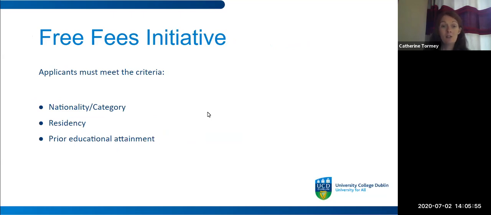So the Free Fees Initiative is based on three criteria that the applicants must meet. And they are nationality, category, residency, or prior educational attainment.